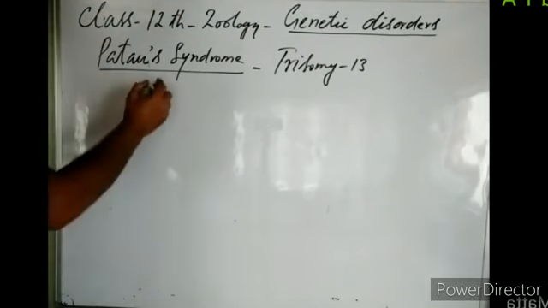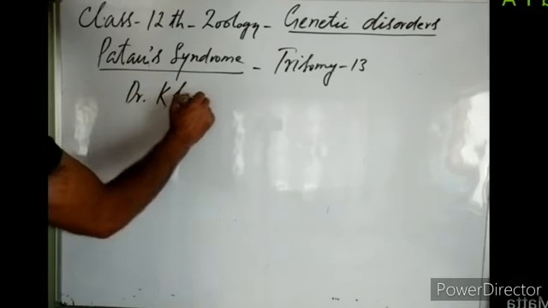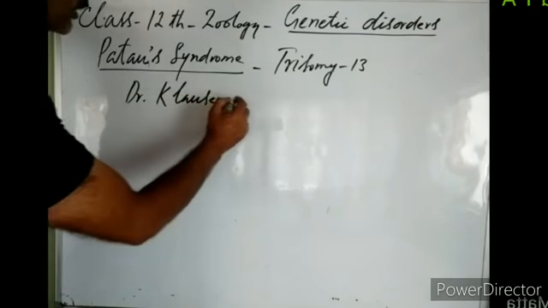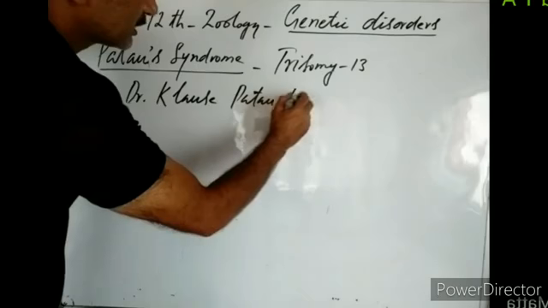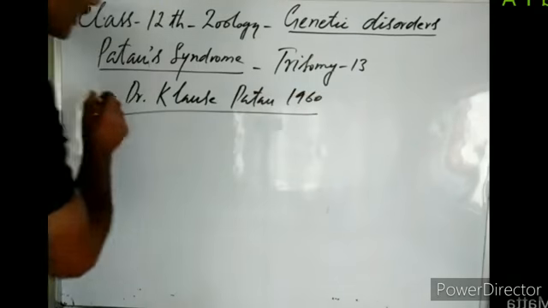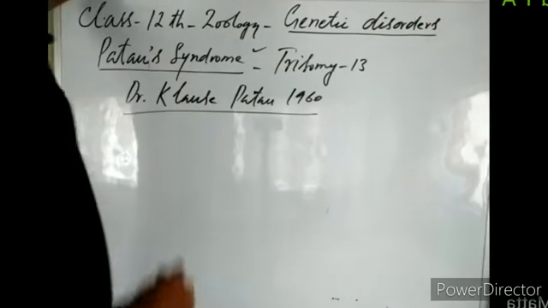Why is it known as Patau syndrome? Because it was first described by Dr. Klaus Patau in 1960. That is why it is known as Patau syndrome. So this Patau syndrome is a result of trisomy 13. The 13th chromosome is in triplicate condition. So that causes this syndrome known as Patau syndrome.